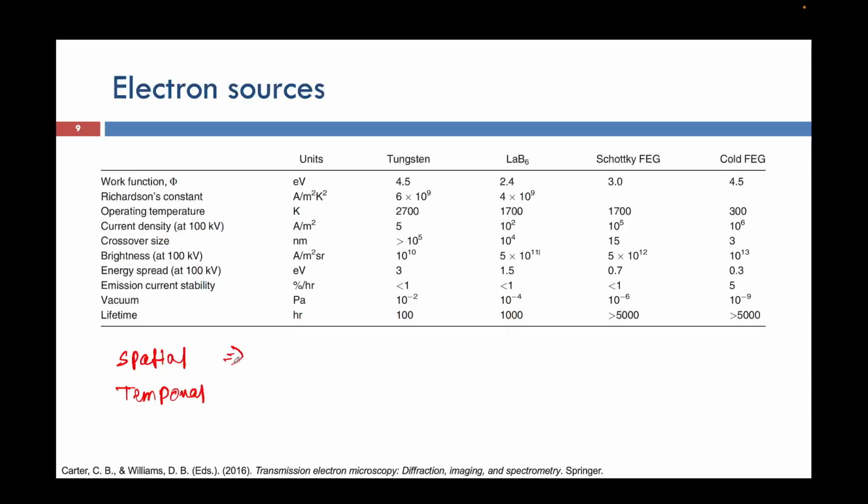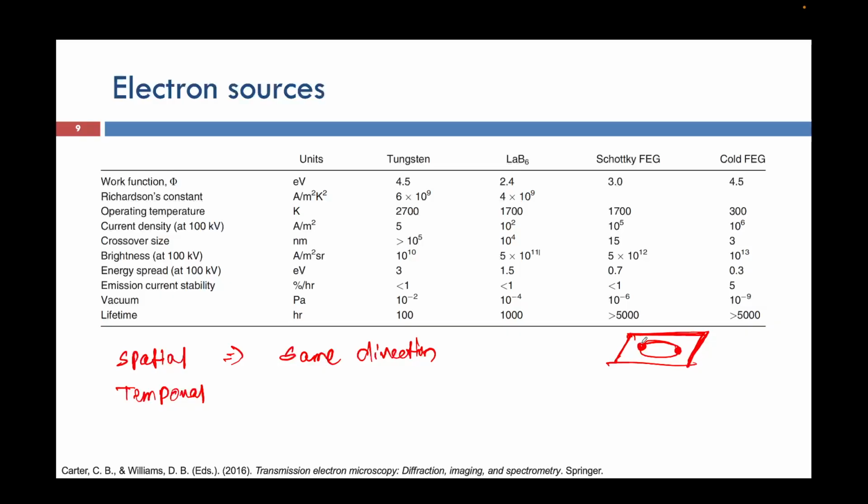Okay, so spatial coherence means all the electrons should be coming in the same direction. If they are not coming in the same direction, then what will happen? Let's say my material is like this, and one electron will be focused here, another electron will be focused here.